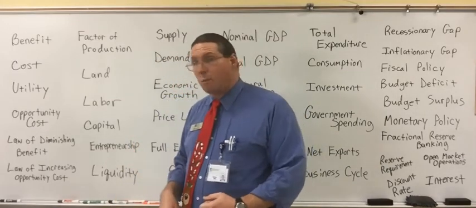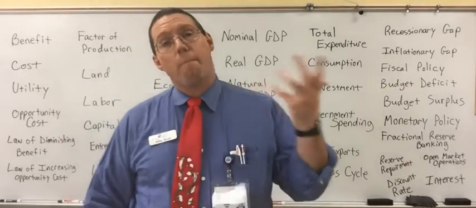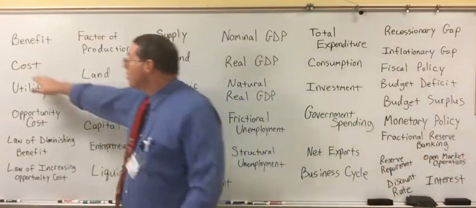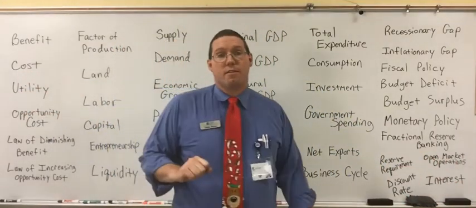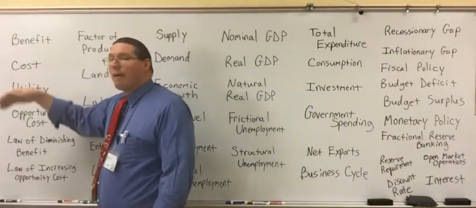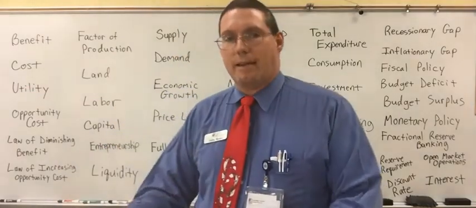Also, every decision that we make has costs associated with it. So the benefits are the positive things that come out of the decisions that we make. The costs are the negative things that come out of the decisions that we make. The costs are whatever we have to give up or lose in order to enact a decision.